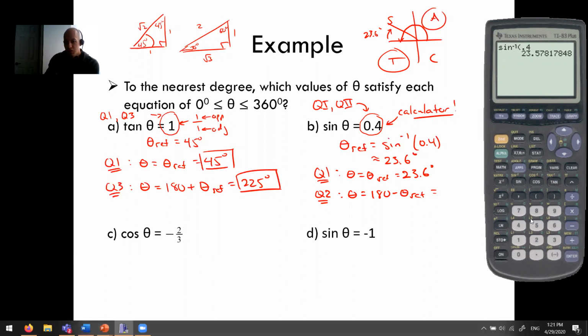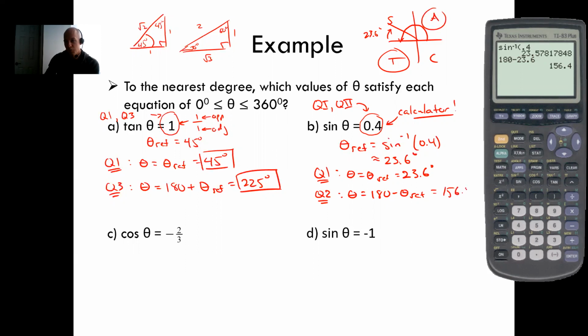I should probably be able to do this in my head, but let's do it here. Okay, and then we got 156.4. So the other answer would be 156.4 degrees. Okay, those are my two answers. Oh, this says to the nearest degree. Okay, well, I guess that should have been 24 and 156. Not bad.